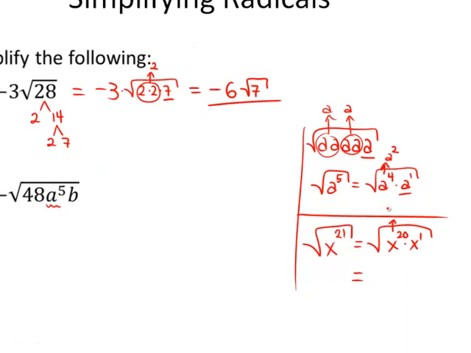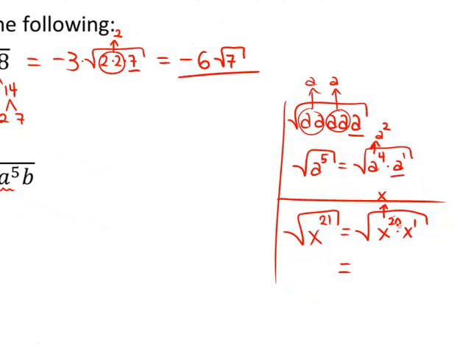There's 10 pairs. So you're actually only taking half of the exponent when you square root. You'll notice you'd be dividing it by 3 if it was a cube root. So an x to the 10 comes out, but an x is left inside. So that's a little bit on why things happen to the variables.